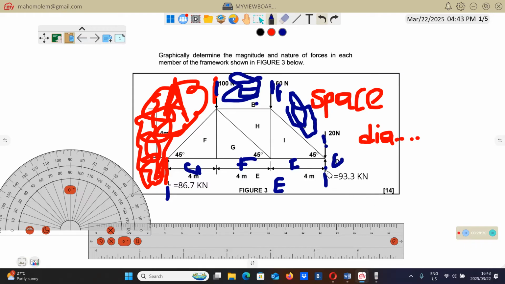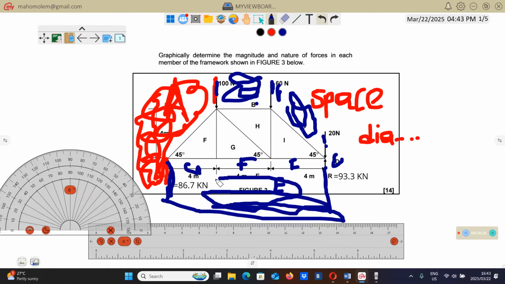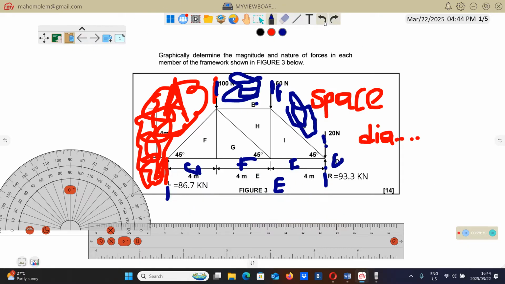You have to check where the force is. Here's a force, and from there is another force, so the whole space between these two forces is E. Those spaces are already named for you.